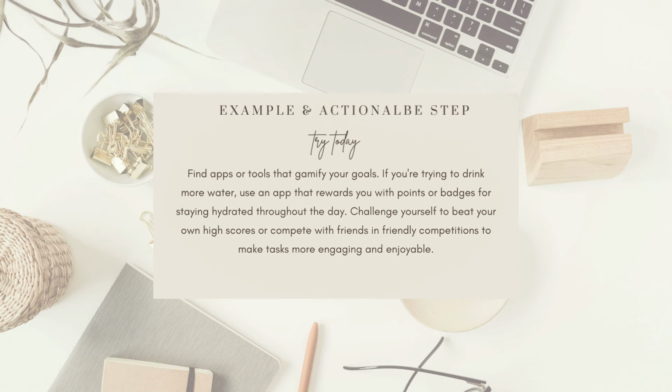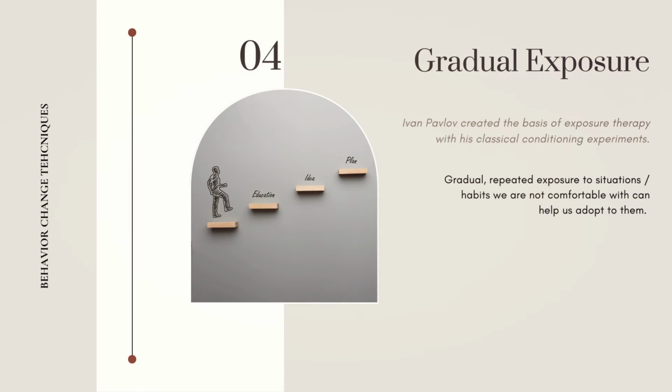Technique number 4 is graded exposure, and this technique is commonly used in therapy, especially for people who have anxiety, because gradual exposure allows people to slowly go into situations or perform tasks that they feel uncomfortable with.